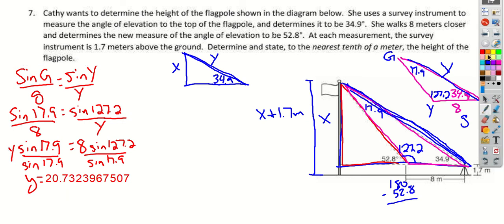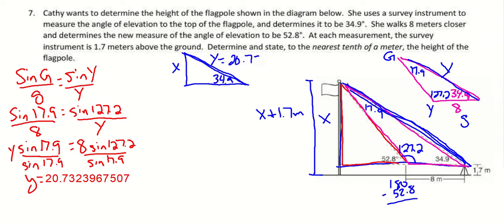For the second calculation, we're going to use the blue triangle right here. Now we already know that this Y is 20.7323967507. I don't want to have to write that again, so we're just going to use Y for that. So I have my angle, the 34.9. I have the opposite side and the hypotenuse. And so once again, we're going to bust out SOHCAHTOA and we're going to use sine.